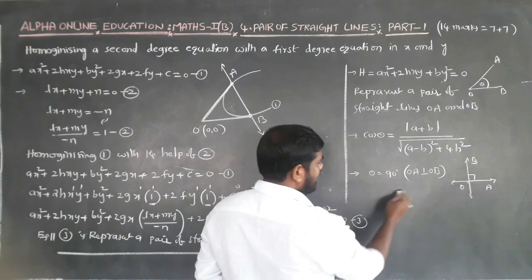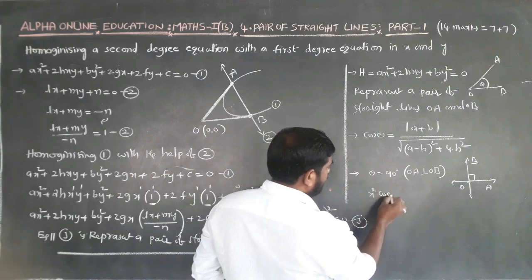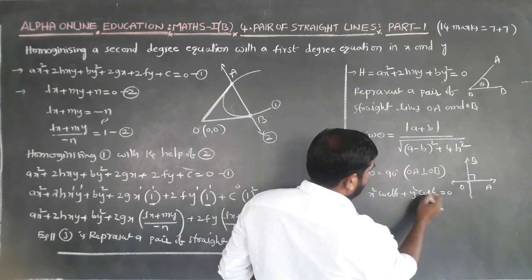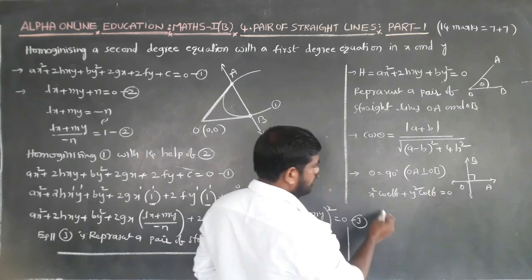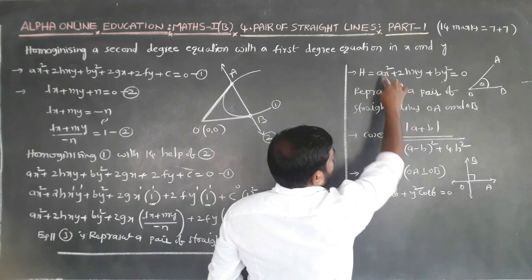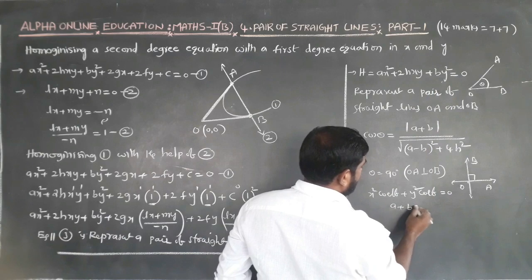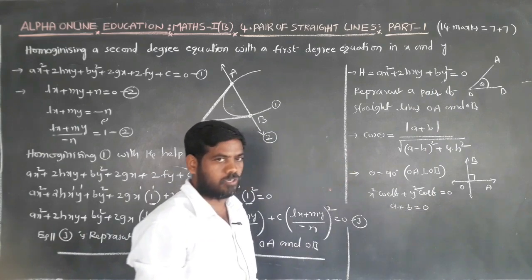If the two lines are perpendicular, then x square coefficient plus y square coefficient is equal to 0. X square coefficient means a, y square coefficient means b, so a plus b is equal to 0.